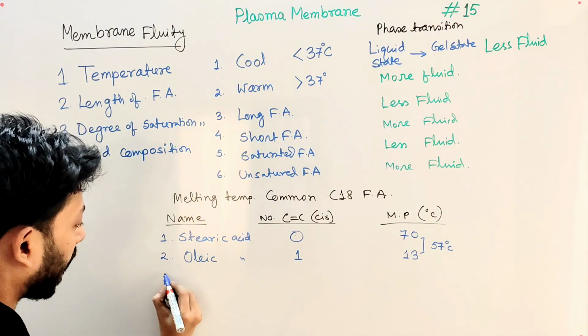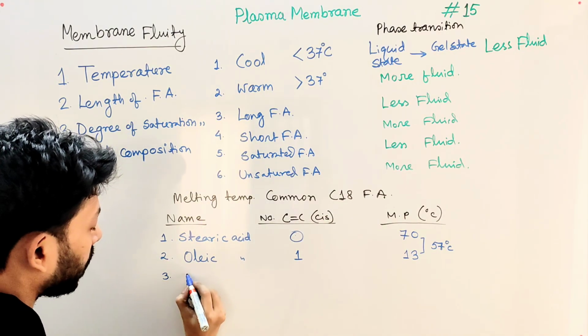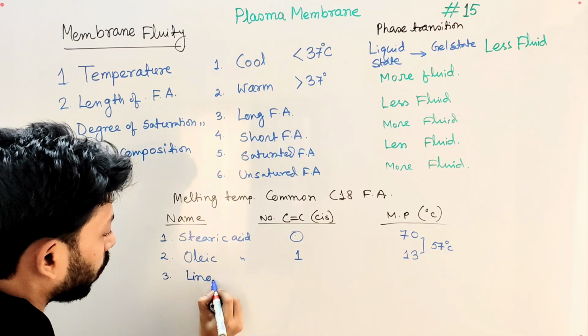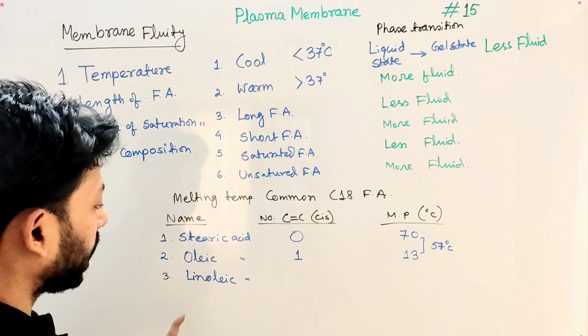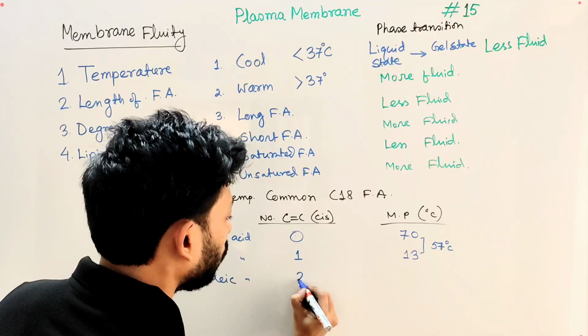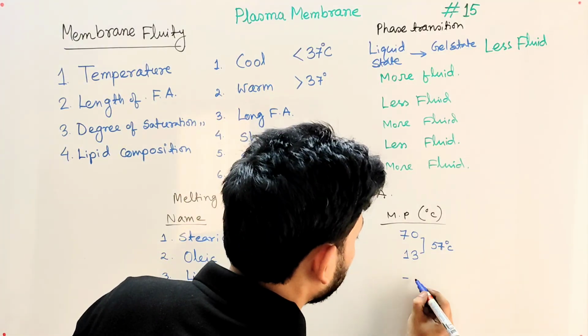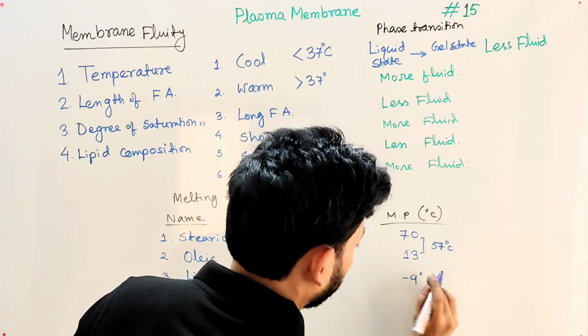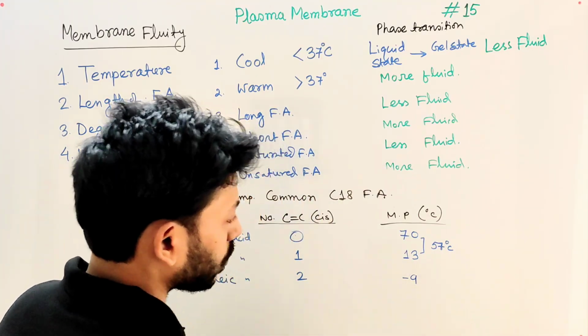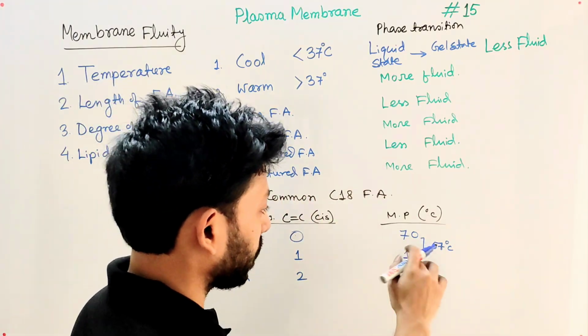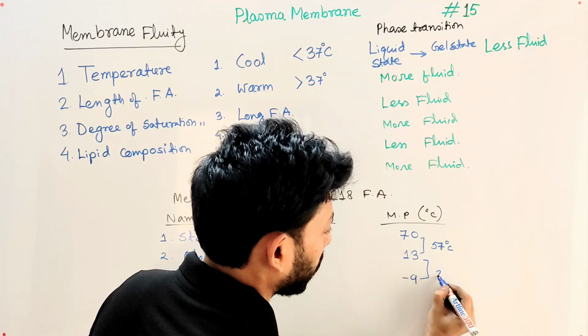Okay, but the length of the fatty acid is the same, C18. Now let's take another example. The third example is linoleic acid. This fatty acid contains two cis double bonds. Now the temperature also falls here, minus 9 degrees centigrade. Okay, minus 9. So it also falls from here to approximately 22 degrees.